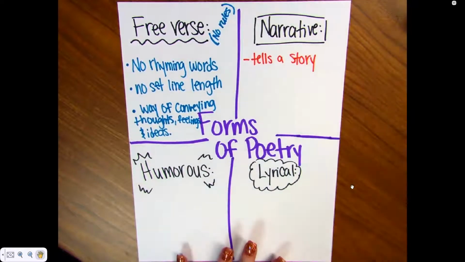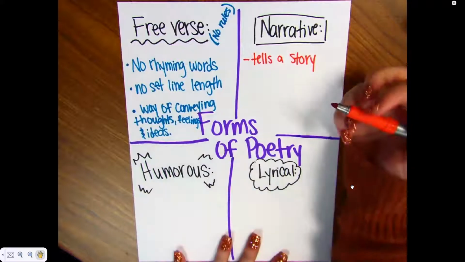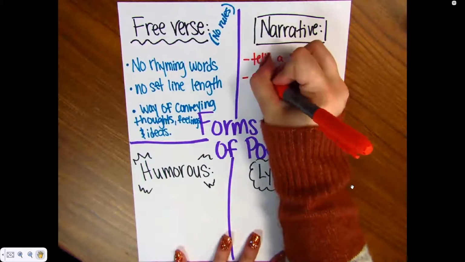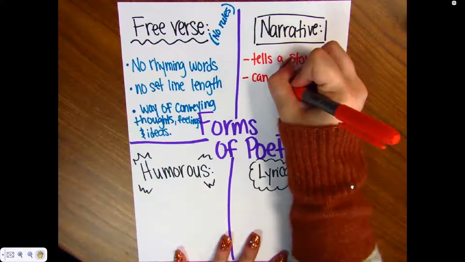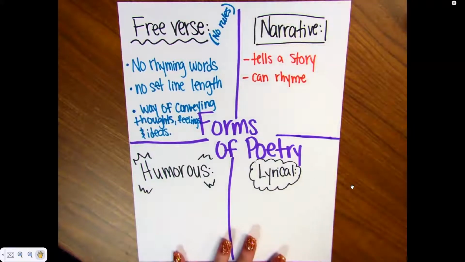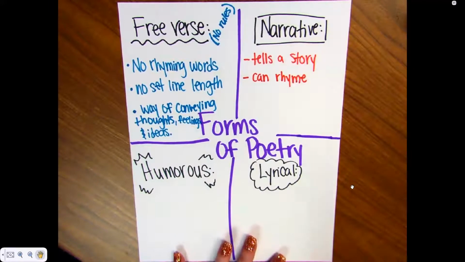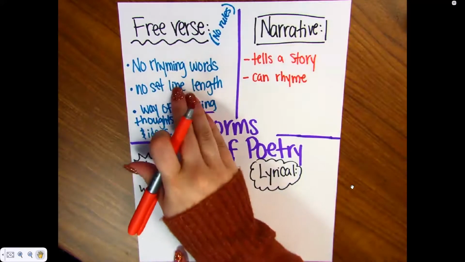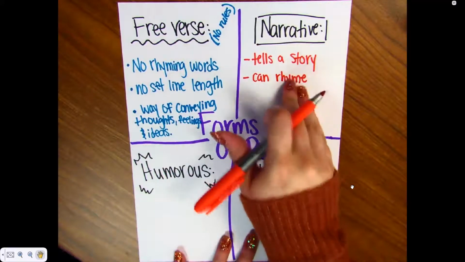And so when you're reading a narrative poem, it's going to tell you a story. And it's going to almost always have a rhyme. Almost always, meaning sometimes it might not rhyme. Sometimes it might follow these free verse rules. But most of the time it's going to rhyme.